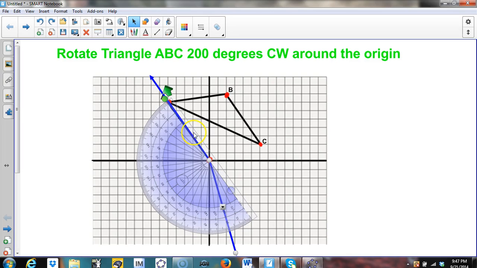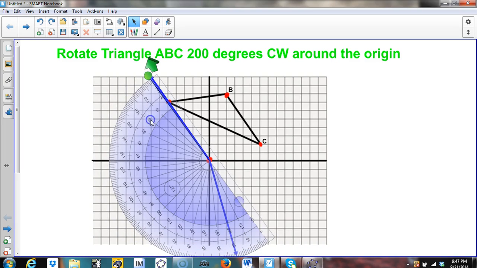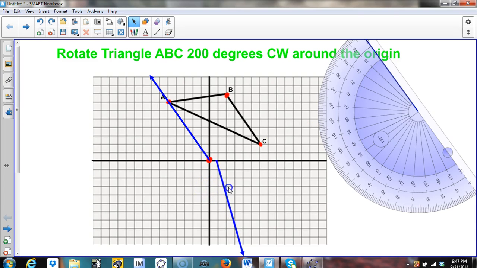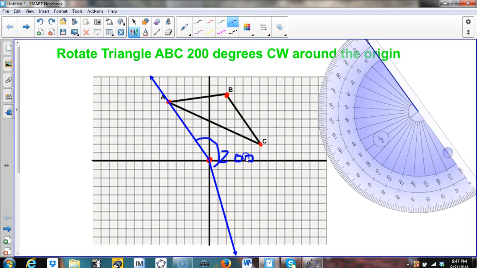Now, another way: if we're going to rotate an angle that's bigger than 180 degrees, we don't really want to measure twice, right? We can, but another way of thinking about this problem is, if we rotate 200 degrees, I'm going to mark this angle here. So this is 200 degrees right here. Then what's this angle here? Well, if we add up both angles, the 200 degrees clockwise and whatever angle is left over, shouldn't those add up to 360 degrees, a full revolution?